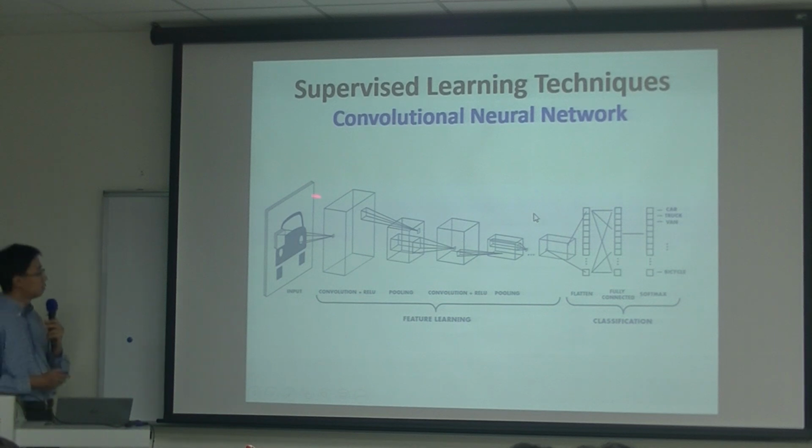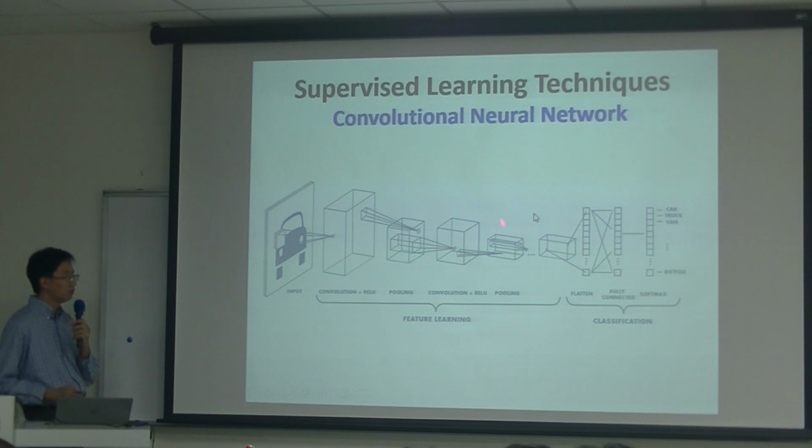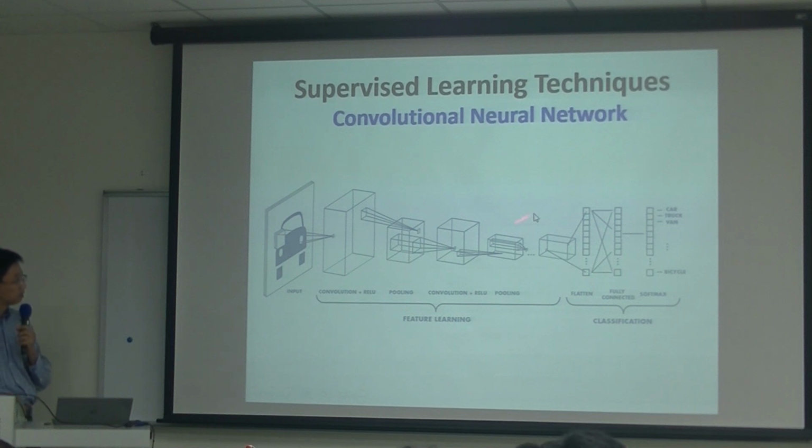So for example, this is a car image. Then we need to use some convolution feature extraction to extract the essential features from these images and to reduce the data dimension. The word convolutional might be very unfamiliar to you, but it is just the process to extract the image features.